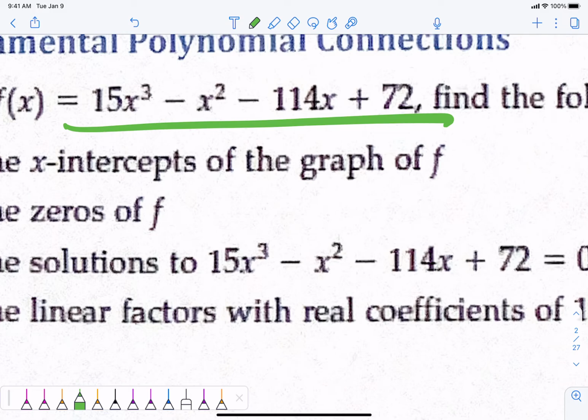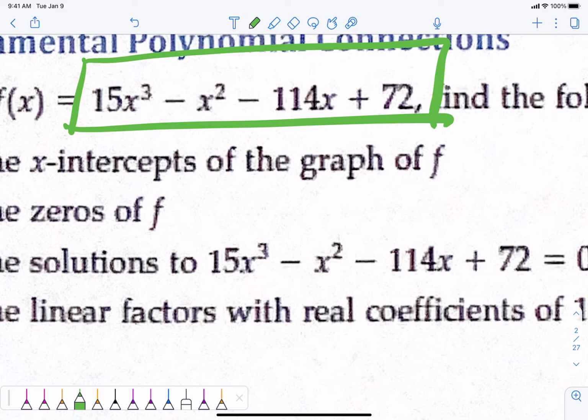You people with your graphing calculators, everybody get them out and plug it in and see what we get. Plug in 15x to the third minus x squared minus 114x. It's dead. You want me to cry? Okay, then you need to go plug it in. How is mine not dead? That's my question. All right, where do you go to plug him in?